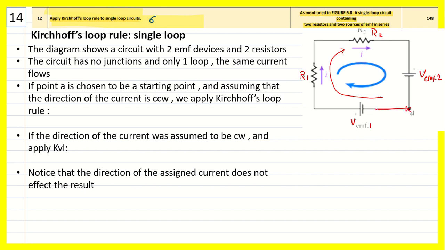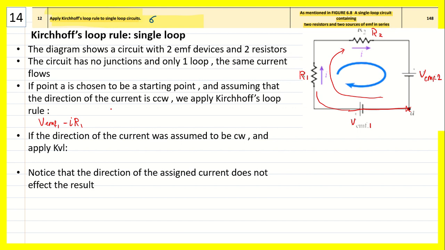So I'm going to start from point A. You can see that I'm entering the battery from the negative side and exiting from the positive. So I'm going to substitute this voltage as positive. So EMF 1. Here I'm moving with the direction of the current, so minus IR1.